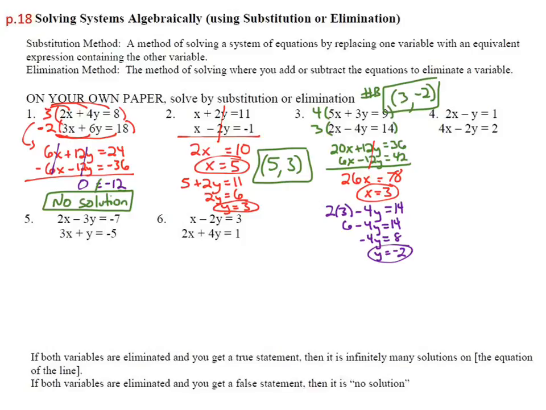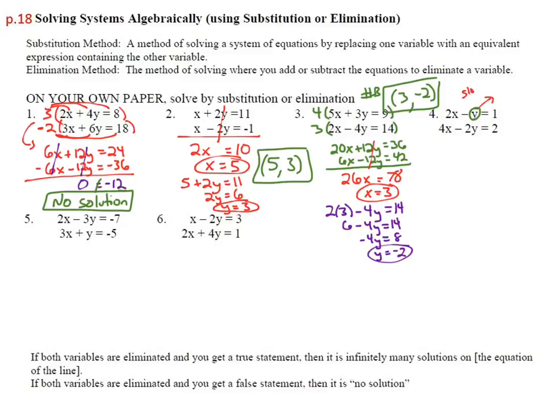All right, let's work one using the substitution method, just because we haven't worked through very many of those. For number 4, this is an example where you could easily use the substitution method, having 2x minus y equals 1.